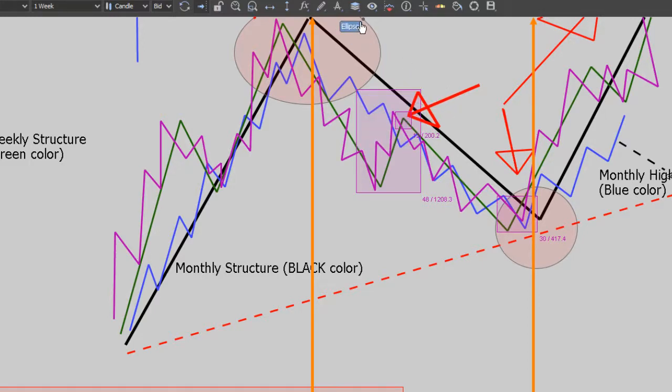When the weekly finds a high, what is it going to do? The higher time frame controls the smaller time frame. You are going to have also a high, not structural high, from the monthly. But you are going to see a weekly structure high.